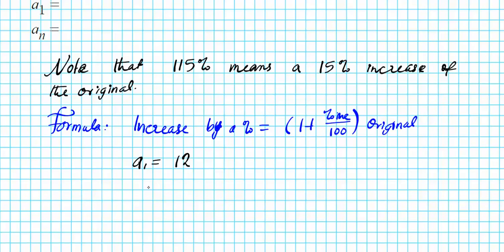So what will A2 be? A2 is going to be 1 plus the percent increase, which is 15 over 100, times A1, which is 12. But let's just leave it as A1, because we're trying to generate a recursive definition here. If I simplify this, 1 plus 15 over 100 in decimal form is 1 plus 0.15.